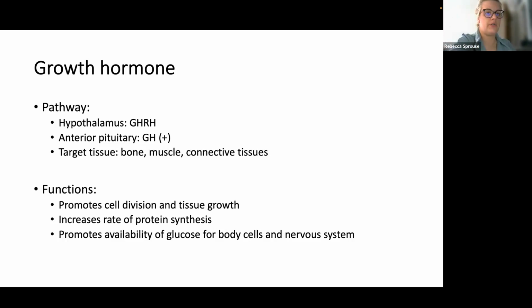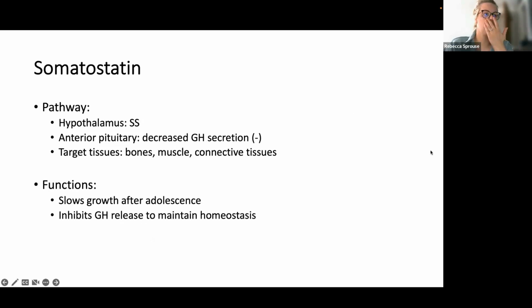Okay, so that's growth hormone. Let's go into another hypothalamic starting hormone. Okay, so somatostatin. The hypothalamus can release somatostatin, and that responds to the anterior pituitary decreasing the GH secretion.